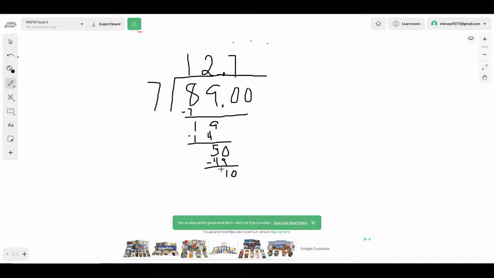Now 7 goes into 10 one time. Minus 7 gives us 3. We're going to add another 0. Bring it down. 7 into 30 would be 4 times. Minus 28 gives us a remainder of 2. Okay, but that's all we have to do because this is the spot we have to round to. So this would be our answer.